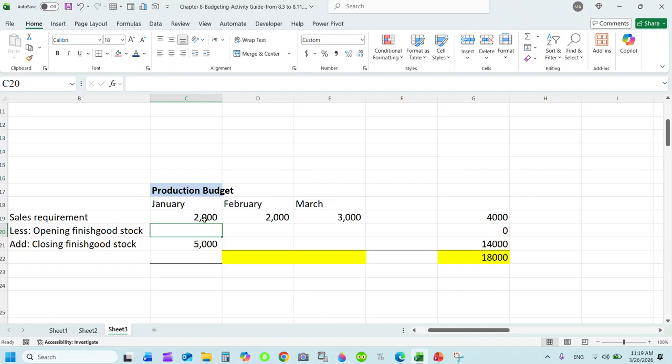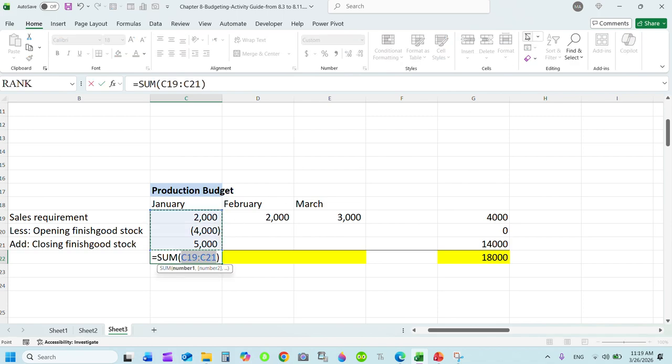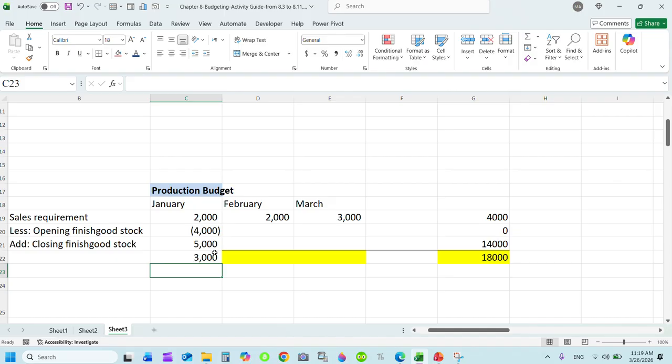So accordingly, since you have finished good of 4,000, you can deduct this 4,000. Accordingly, you only need to produce this many units. You need to only produce 3,000 units, right?